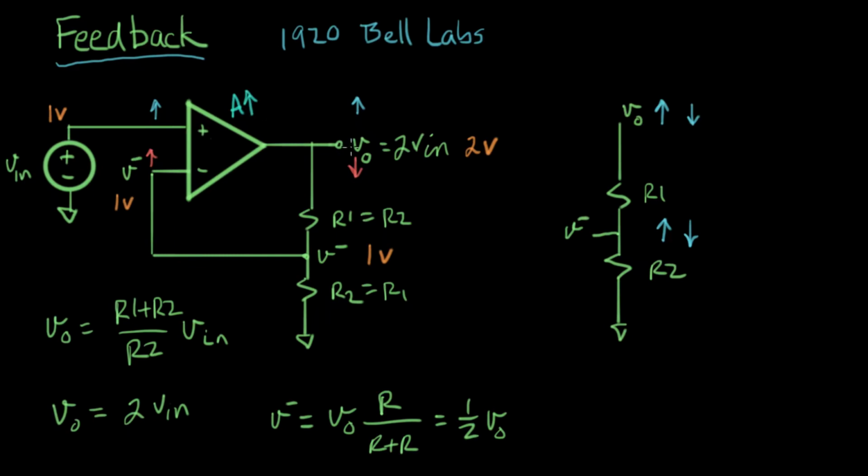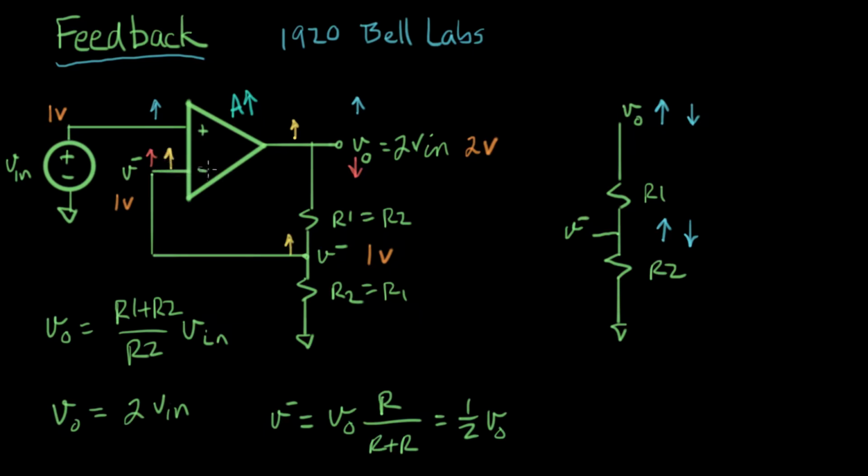So the voltage here is going to go up a little bit, and that means that this output voltage is going to go up a little bit. And we already decided from looking at this voltage divider that if this point goes up, this point will go up. It goes up half as much, but it goes in the up direction. When this voltage goes up, that means this voltage goes up.